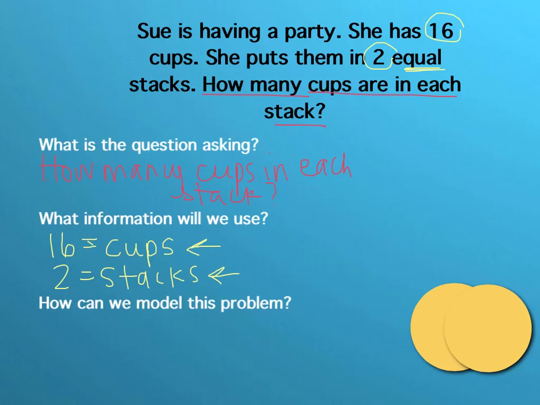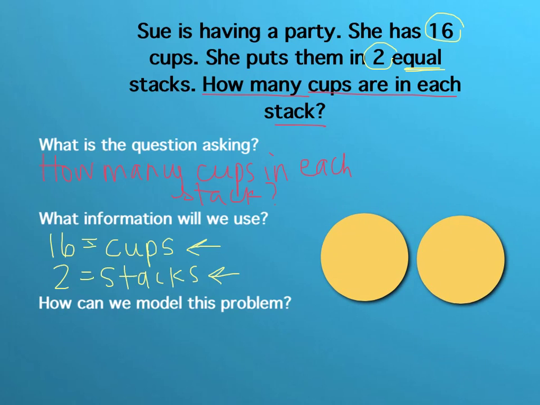All right, well, let's make a model for the stacks. I'm going to use my 2 circles here. This is going to be the first stack, and this is going to be the second stack. You could also draw 2 circles to show your stacks. Now I'm going to use my pencil and model the problem. She puts them in 2 equal stacks, so I'm going to take those 16 cups and share them equally between each stack.